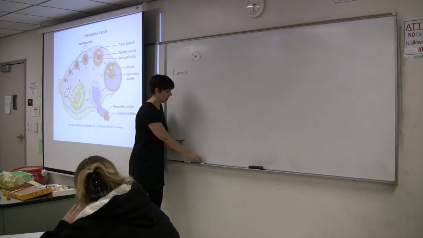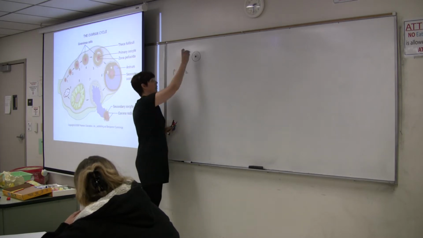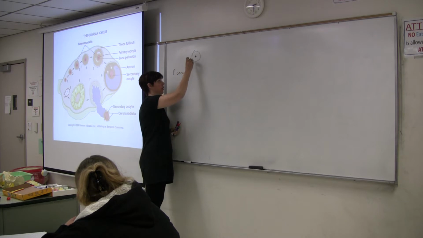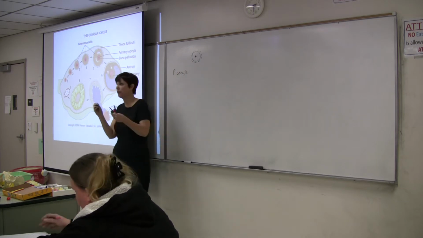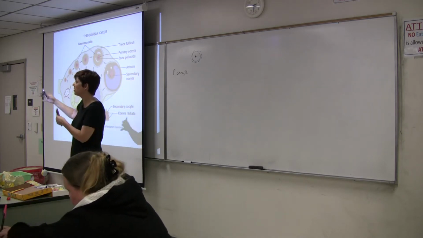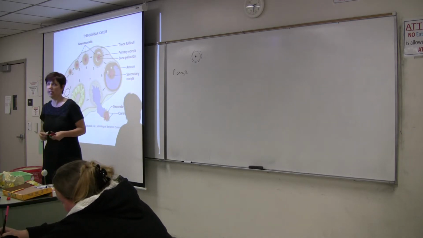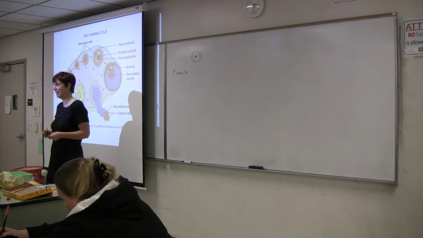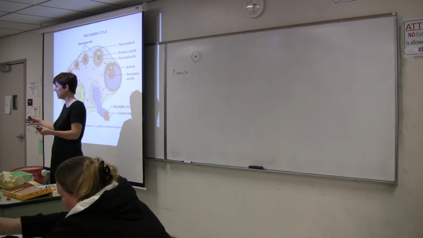The follicular cells, when the baby girl is born, unless it develops receptors, and it's one of those 12 or 15 or so that start to move towards ovulation, are flat in a single layer. Simple squamous epithelium.